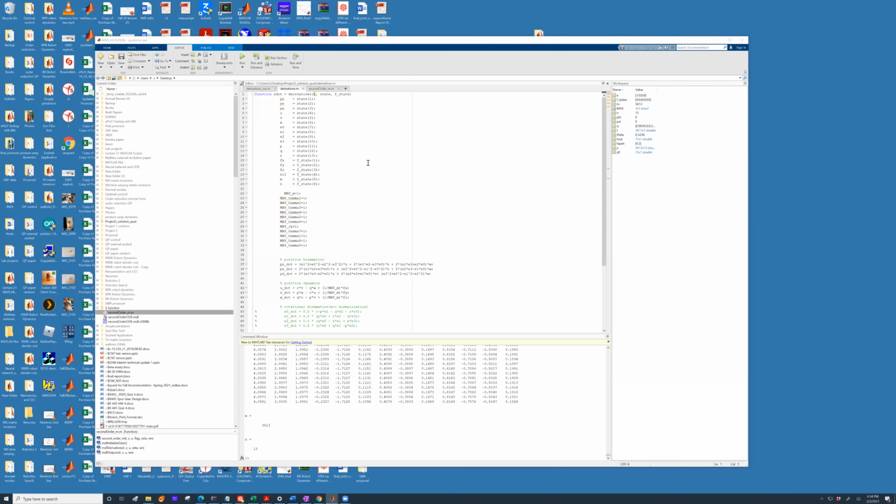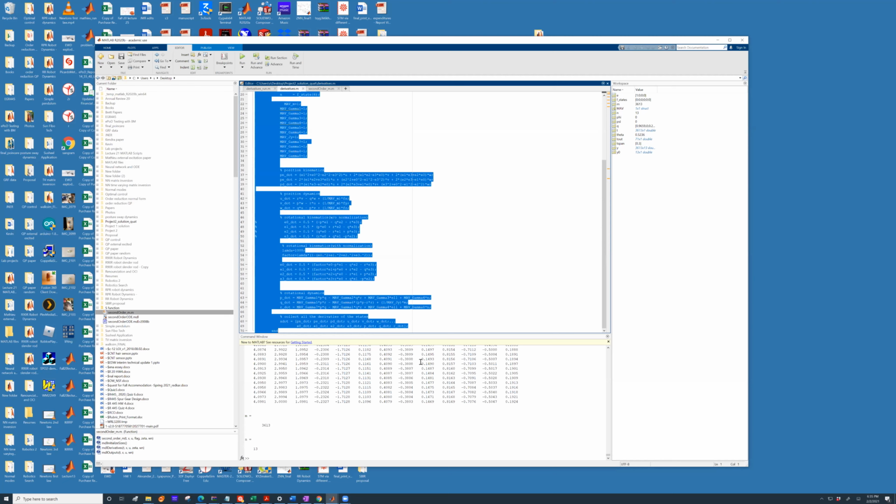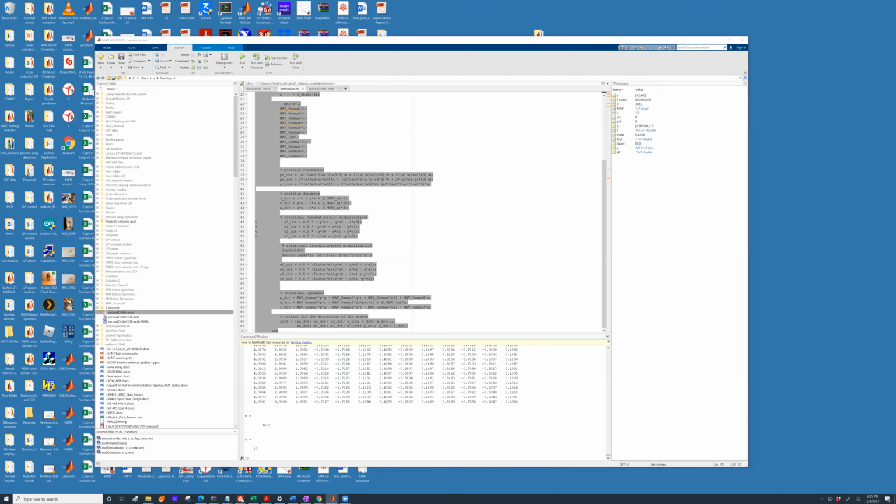I want you to save this function along with derivative underscore run in a separate folder, because I don't want Matlab to get confused between this function and another function that may be in the memory.